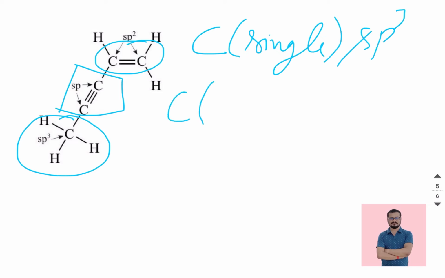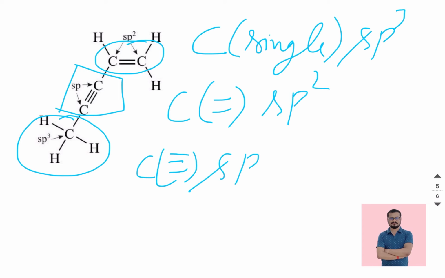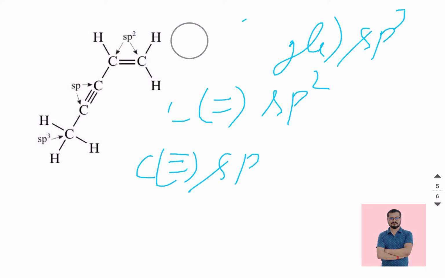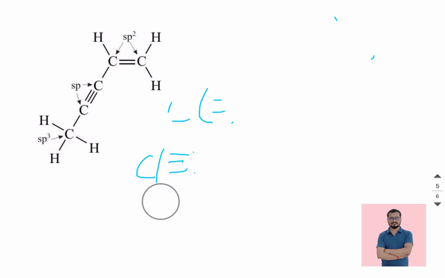If carbon has a double bond around, it has sp2 hybridization, and if carbon has a triple bond around, it has sp hybridization. So we can easily calculate the number of sigma bonds and pi bonds and then convert into hybridizations sp3, sp2, and sp.